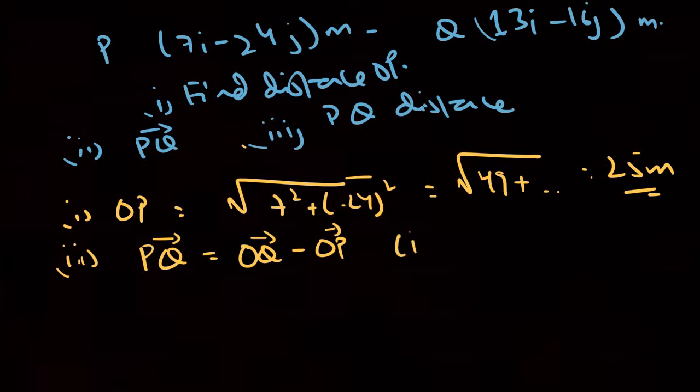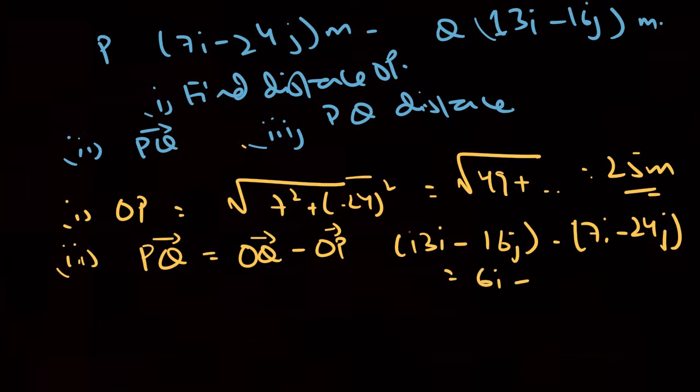So 13i minus 16j minus (7i minus 24j). We are getting a final value of 6i plus 8j meters.